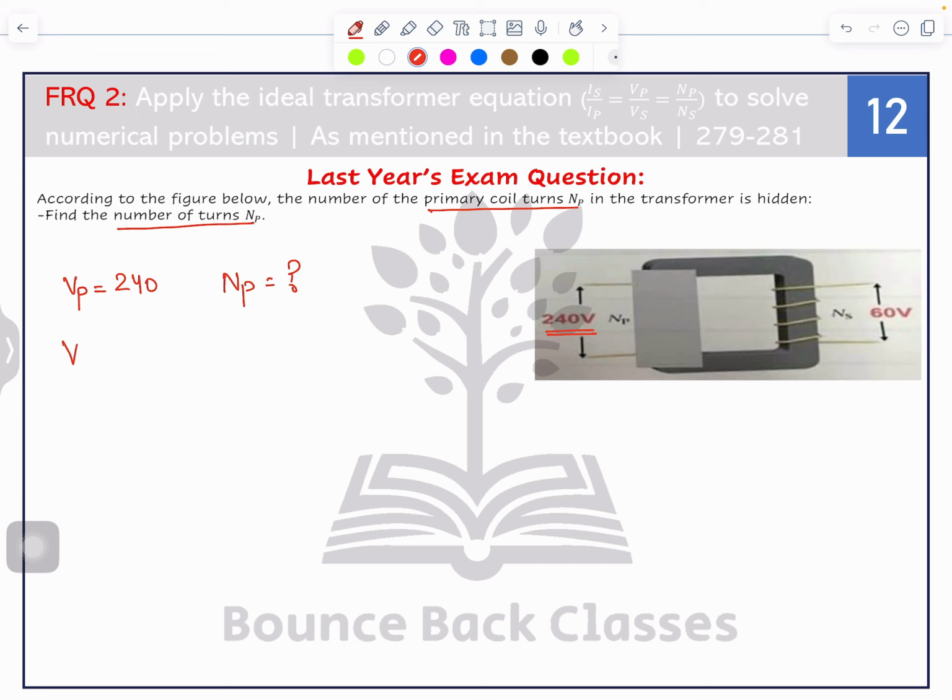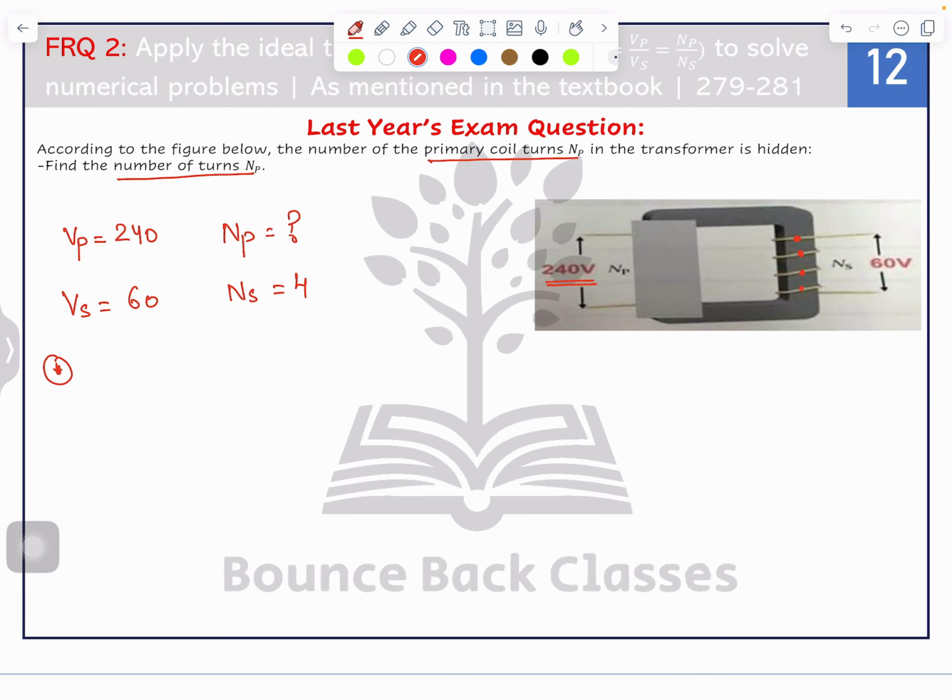Vs is your 60, and Ns, how many turns? 1, 2, 3, 4. Four are given. Yes or no? Apply the formula: Vp over Vs is equal to Np over Ns. Place the values: 240 divided by 60 is equal to Np divided by 4. Find out the value of Np. So Np is equal to 16.